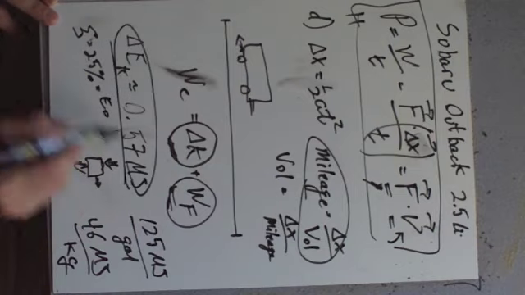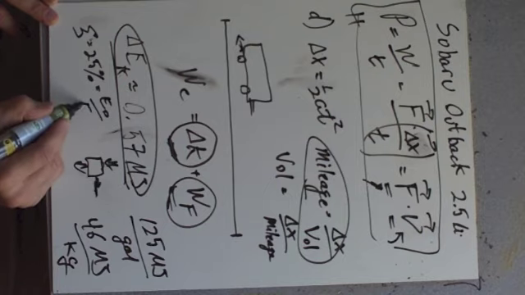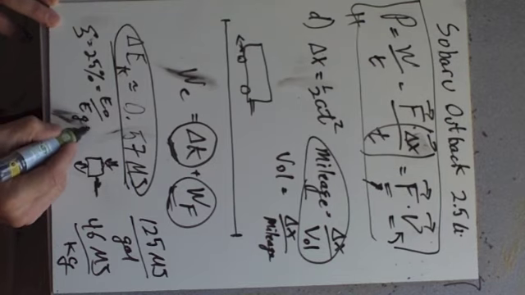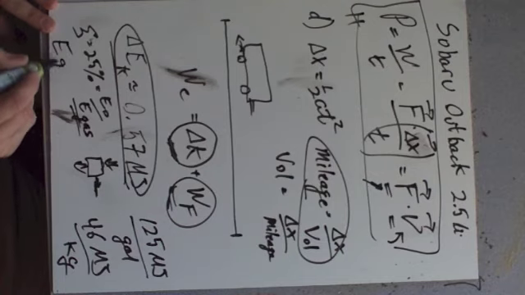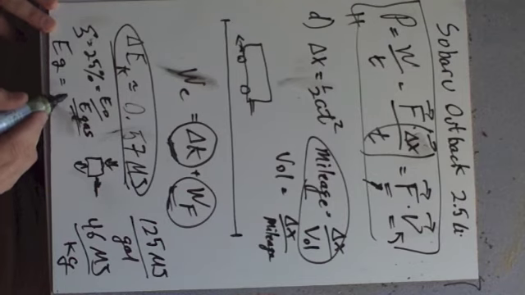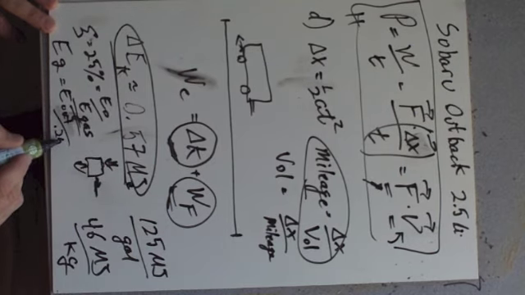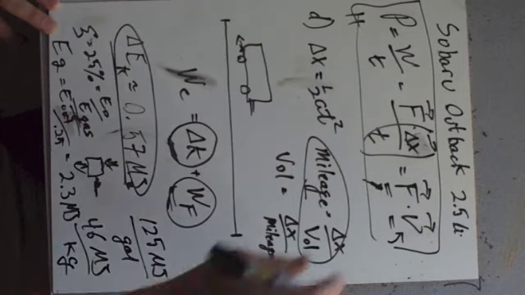This kinetic energy that we get out of the engine to the wheels, divided by the energy we put in, which is the energy of the gasoline. And so if we want to find the energy of the gasoline, we have to take the energy out, which is this, and divide it by that 0.25, or multiply it by 4. And we end up with about 2.3 megajoules.